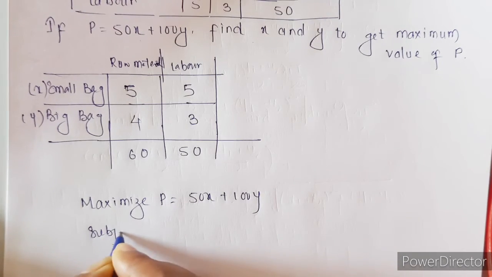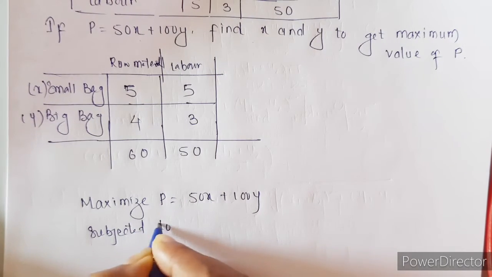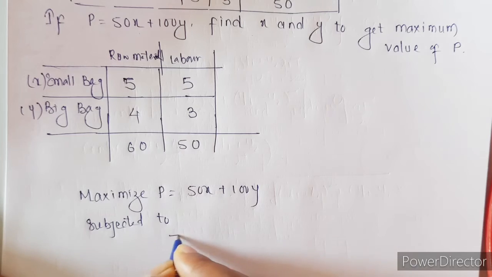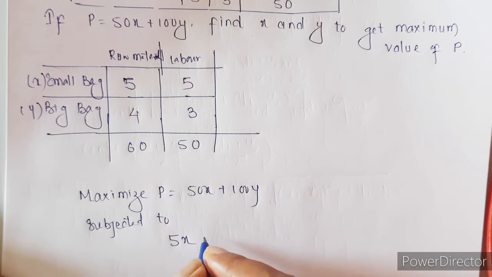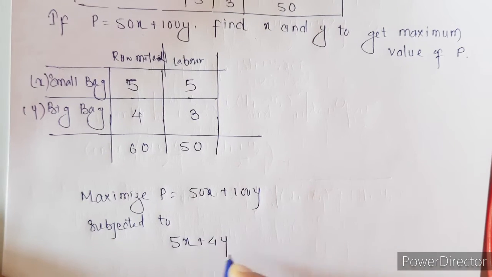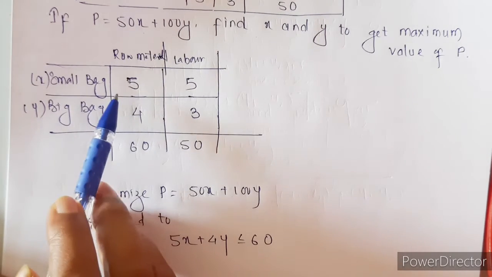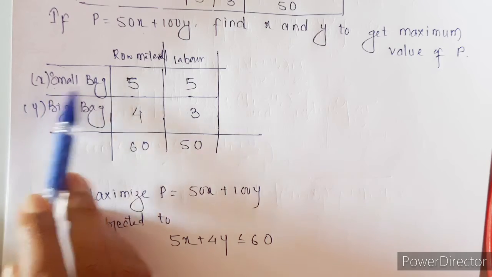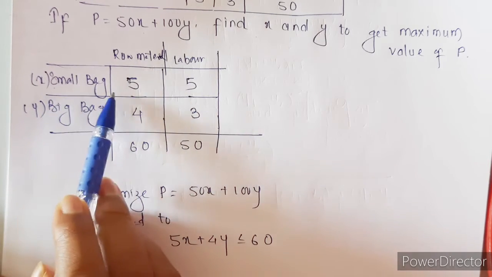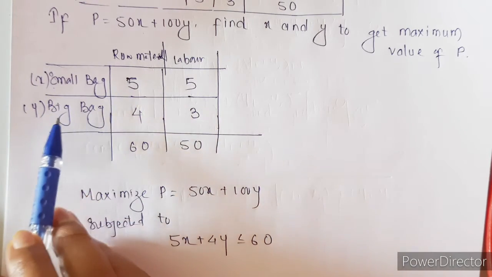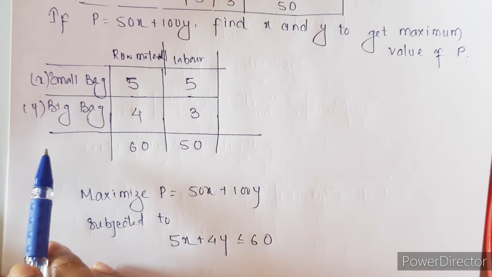So it is subjected to 5x plus 4y less than or equal to 60. 5 times x, because for small bag we require 5 units of raw material and for big bag it is 4 units.